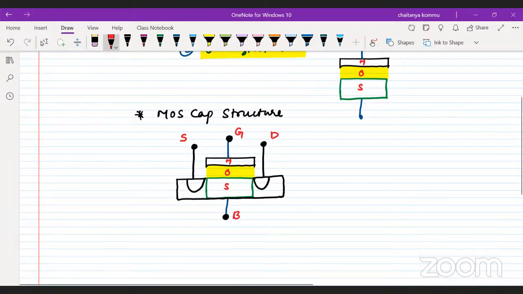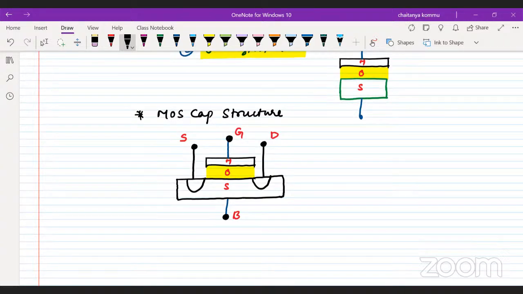I don't want to show you these lines, it's not necessary, because everything is the same. Essentially, this is what we have constructed previously. In fact, the bulk is a very thick semiconductor, but for the sake of simplicity I have drawn only a small thickness, though it's actually a very big one.